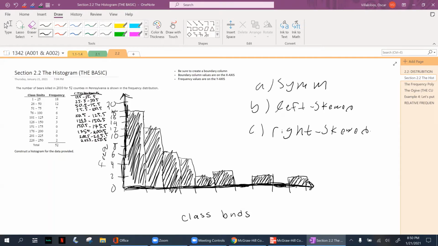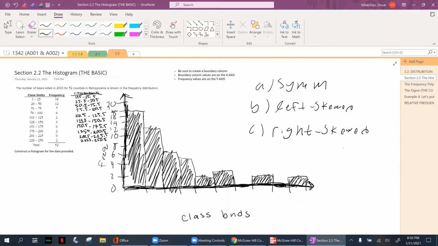If we use the explanation I used earlier, it's broad here and it tapers out that way. This side here is my sharp end, and it's sharp to the right. So this is a right skewed graph.